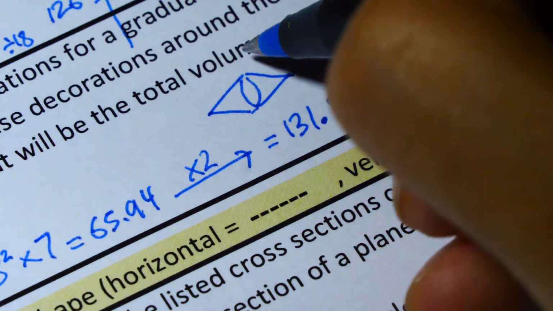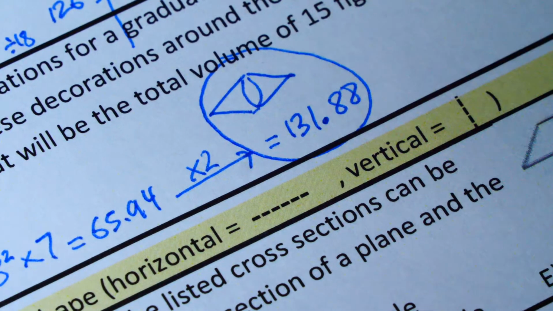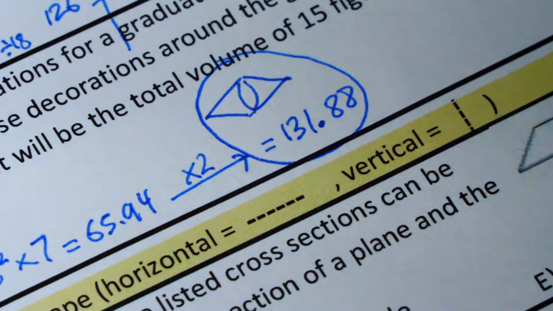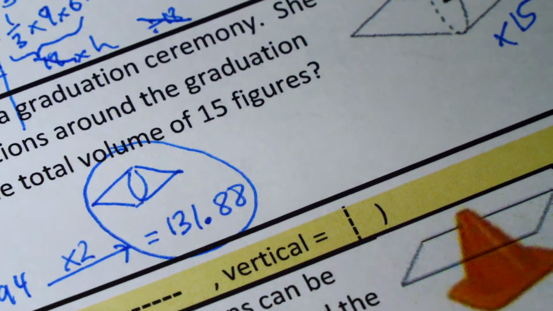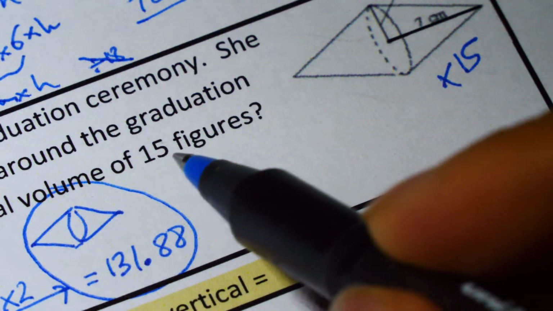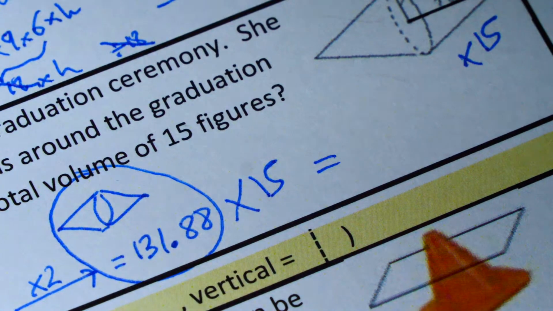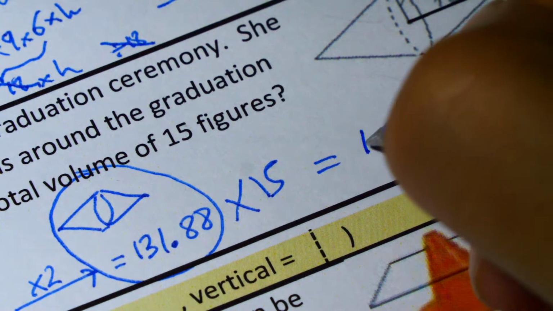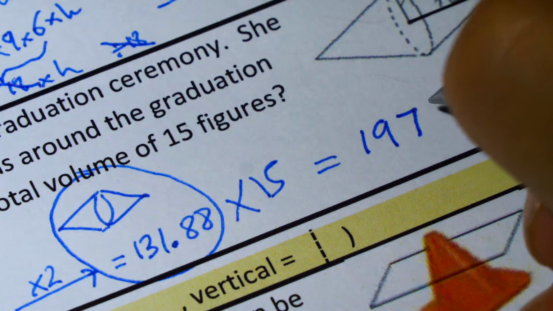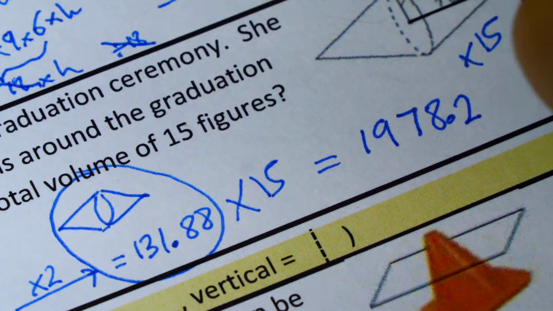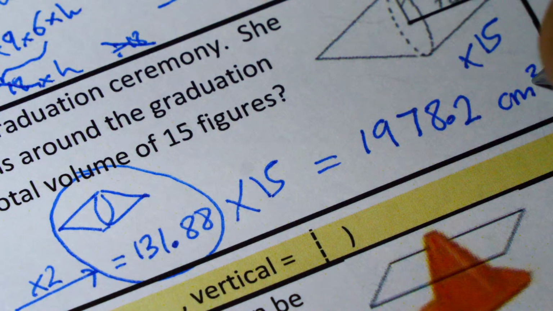Okay, so each one of these is 131.88. How many of these do we have? We have 15. So now we have to times this by 15. And the answer is 1978.2 centimeters cubed.